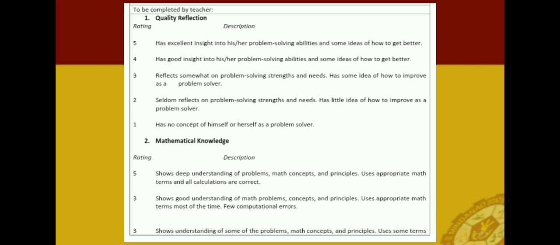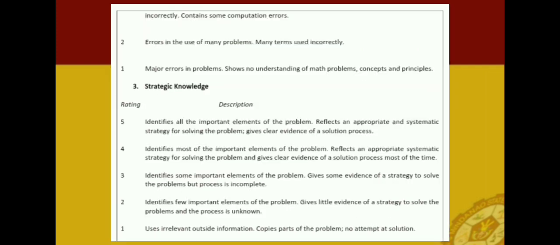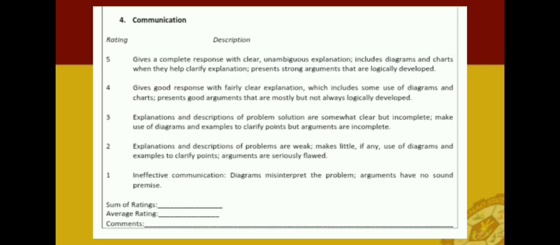In a math problem solving portfolio, the scoring criteria might include categories like problem solving, mathematical knowledge, strategic knowledge, and communication, each with a rating scale that reflects different levels of achievement.